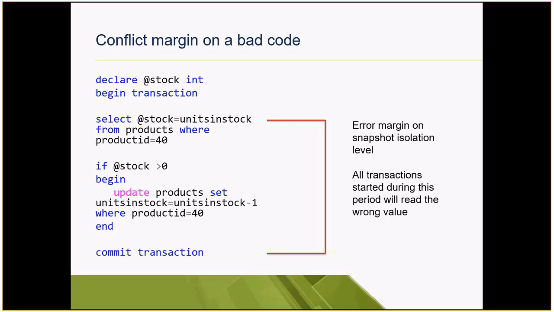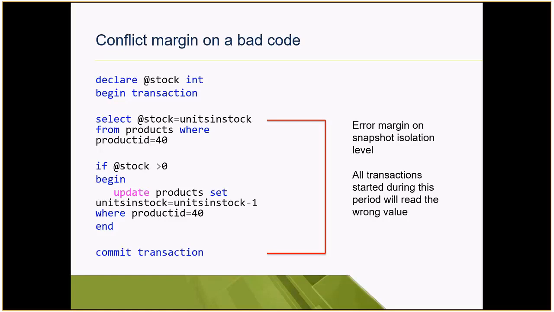So the time margin for the bug to happen increases due to the change from pessimistic to optimistic concurrence. This is an example of bad code that can be present in a production system, and this bug could never happen before because the time margin was very small.